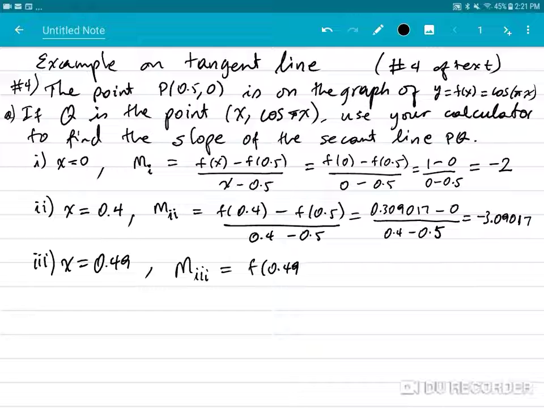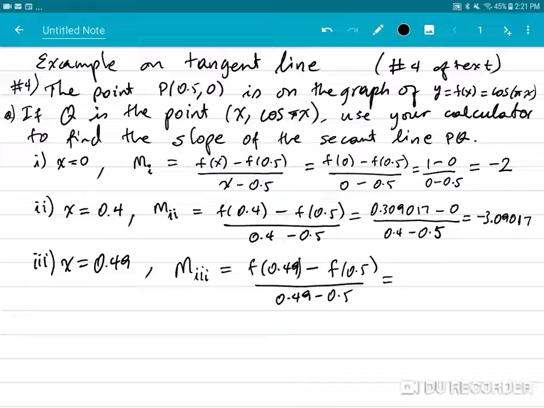I think I'm going too fast. That's the next one, f of 0.49 minus f of 0.5, over 0.49 minus 0.5.